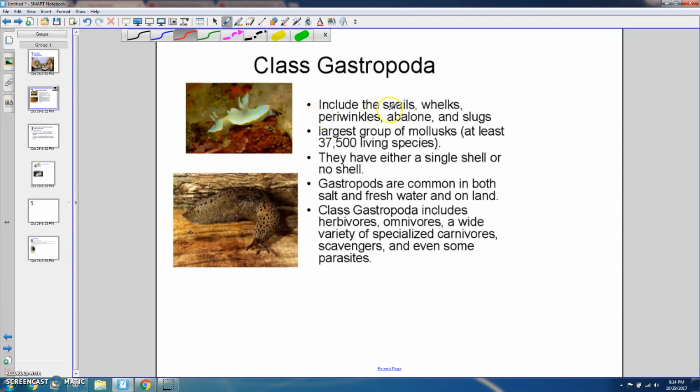Examples of gastropods include snails, which is what we will use in class, whelks, periwinkles, abalone, slugs, and the marine ones are the sea slugs or nudibranchs. Like I said before, this is the largest group of mollusks. Some of them have no shell and some of them do. And so we'll see a variety of those.